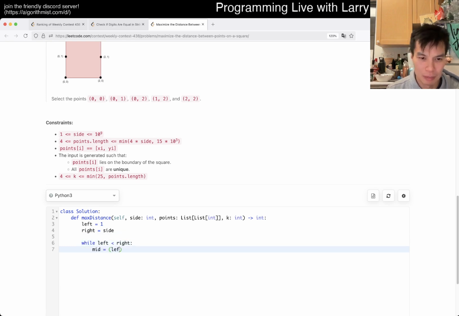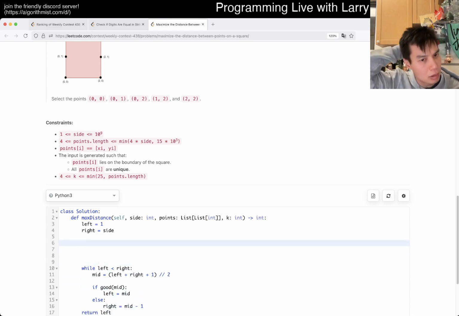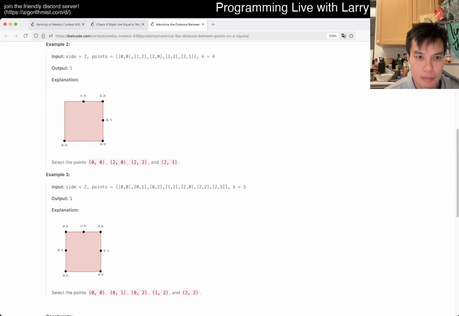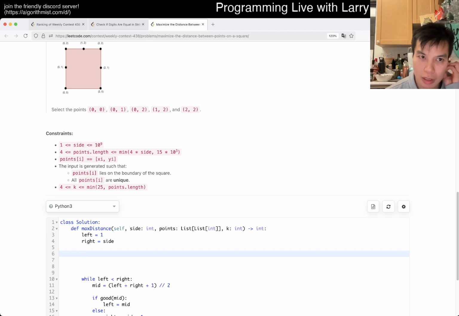I got it wrong last time, but if this is good, then let's try something bigger. Otherwise, let's try something smaller. I don't get the constraints. I guess we have to sort this in a smart way.